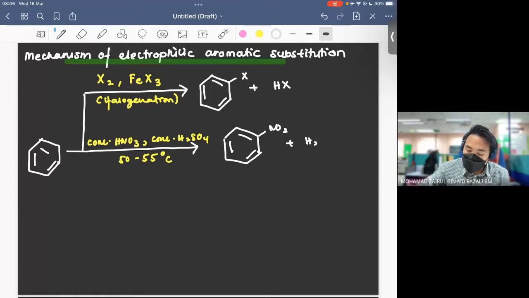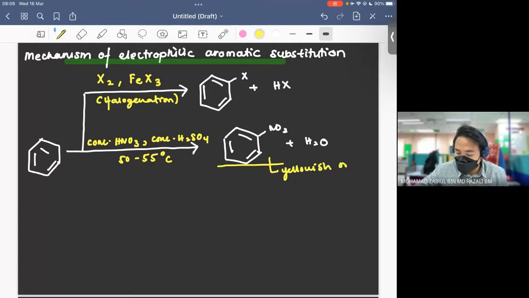Nitrobenzene ni, the appearance dia adalah yellowish oil. So nanti kalau ada statement dalam soalan dia cakap dia form yellowish oil, yellowish oil tu adalah nitrobenzene.